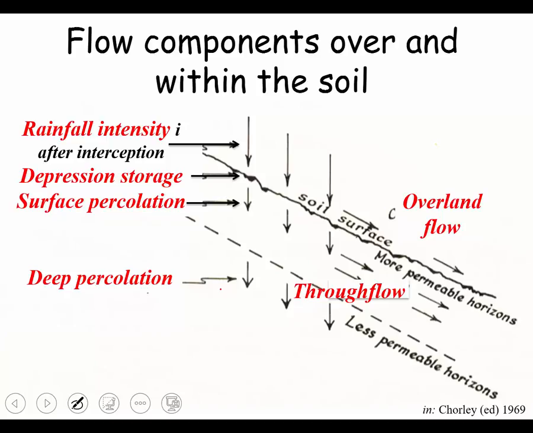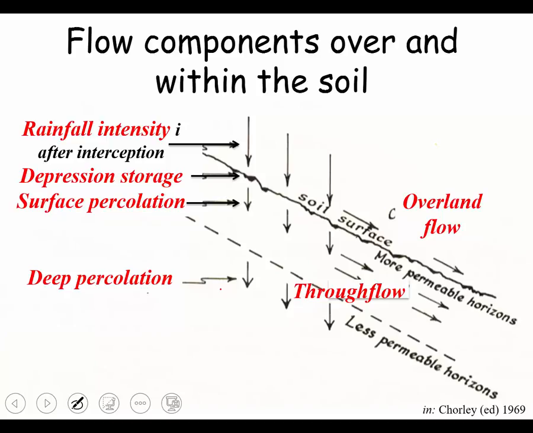Well, it's also a zone where water can flow parallel to the surface as what we call through flow. So that is a lateral movement of subsurface water. And some of it seeps down into deeper percolation, and that's going to get to the groundwater. This through flow we may see again. It may pop up as part of the overland flow.